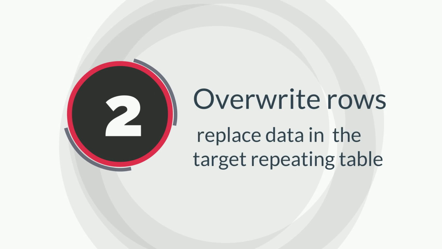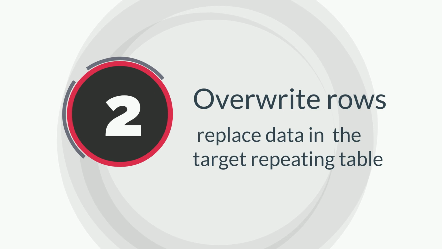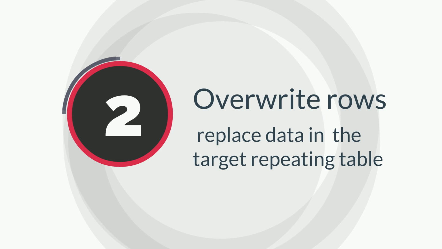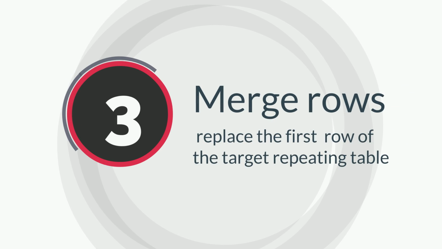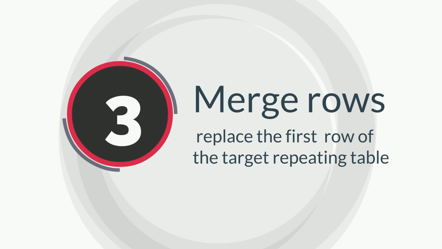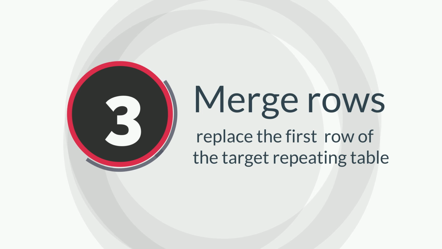Overwrite rows means the data from the source repeating table will be copied and will replace all the data in the target repeating table. And merge rows means that all the rows from the source repeating table will be copied and will replace the first rows of the target repeating table.